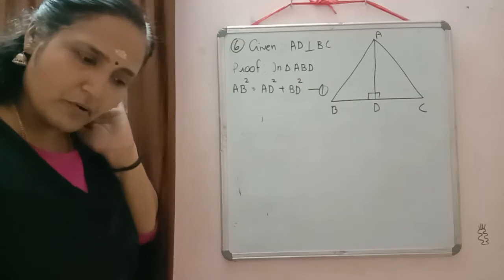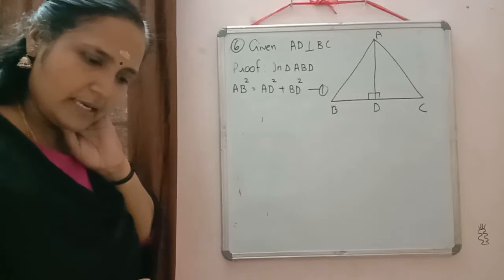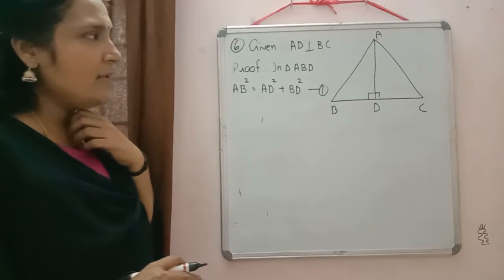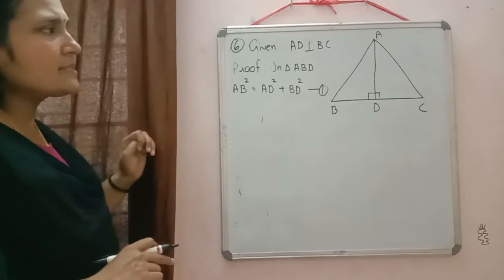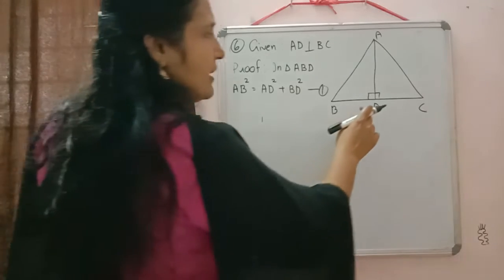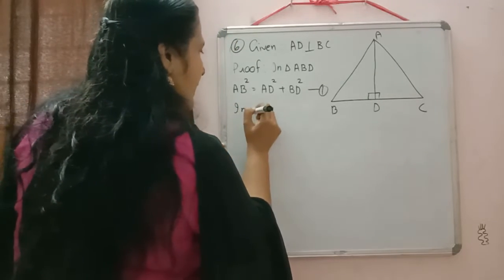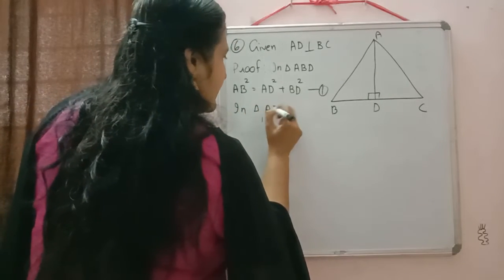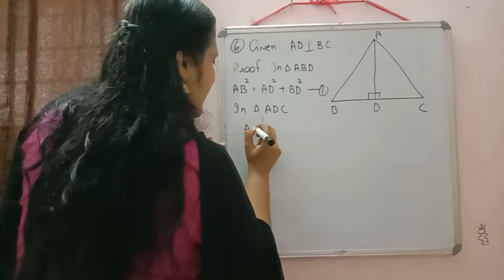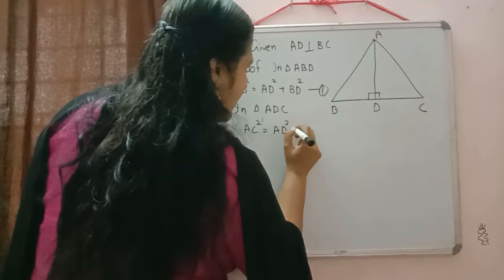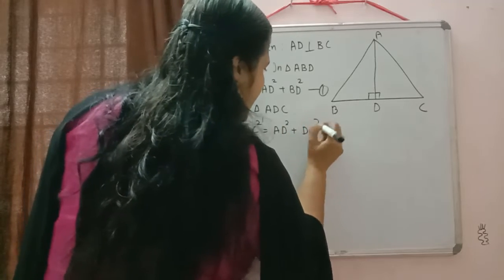Then in the proof only, next side what we need there? CD square. So do we have a right triangle in which we can get CD square? Yes, here we have CD, correct? So just write down there. In triangle ADC, what will come? AC square is equal to AD square plus DC square.